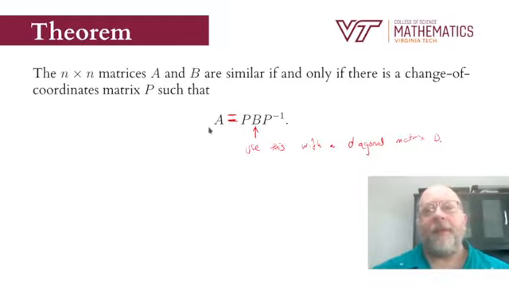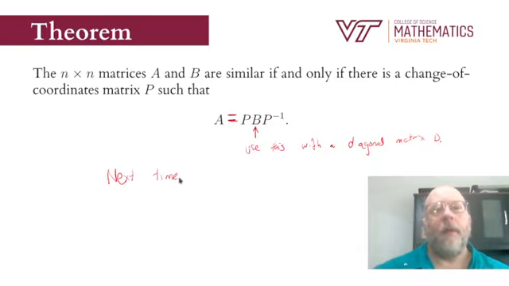So what we're going to do next time is look at some problems where the problem is easier to solve by doing this conversion process: converting from alternate coordinates to standard coordinates, working with a diagonal matrix in standard coordinates, and then converting back. So next time we're talking about the process called diagonalization, which is the process that we saw in the previous example.